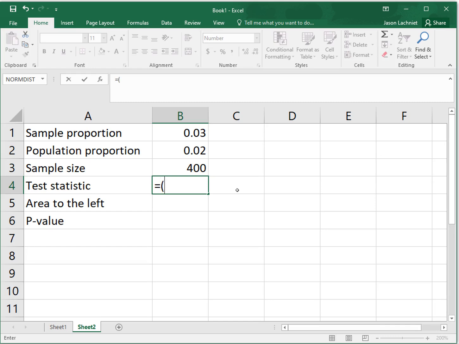Parentheses for the numerator, it'll take the form p hat minus p, sample proportion minus population proportion. B1 minus B2 are the cells in question.